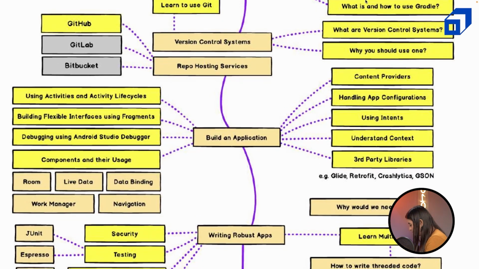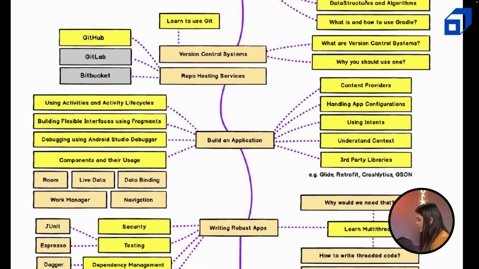Then, to build an application, let me tell you, there are multiple steps involved. There are many significant concepts like content providers, how to use intents, implicit and explicit intents, handling the app configuration, understanding the context, or third-party libraries like Glide, which is mostly used for pictures, Retrofit, as I just said, or Volley, which is used for fetching or giving requests to APIs.